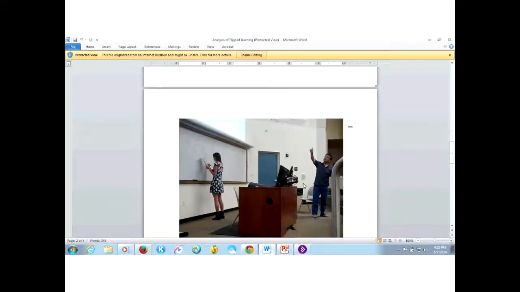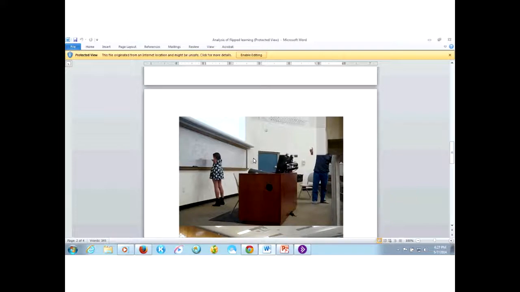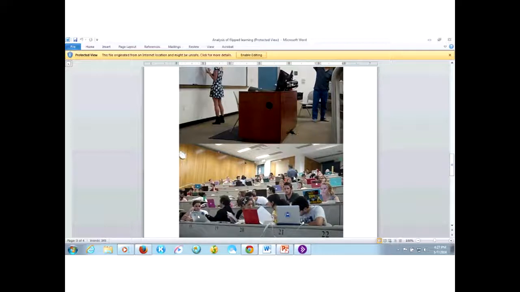So this is how I teach now. I have students come to the front to draw a diagram, to extend a pathway, and at the same time, I will use a bigger screen to interpret and help students with those concepts. And this is how they discuss in class. And this is me walking around in the classroom.